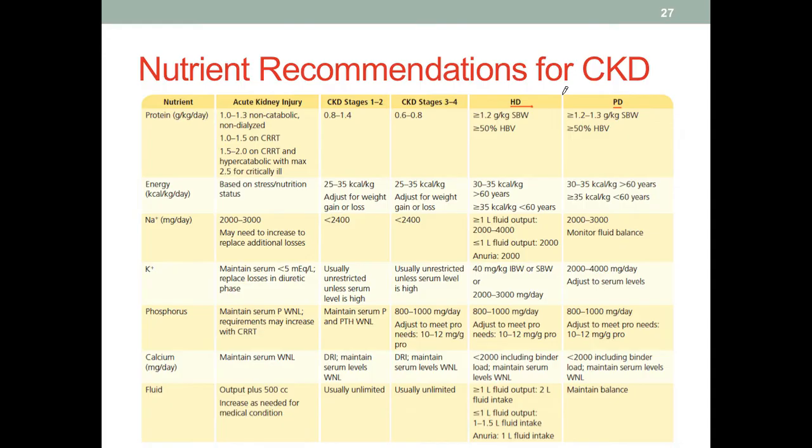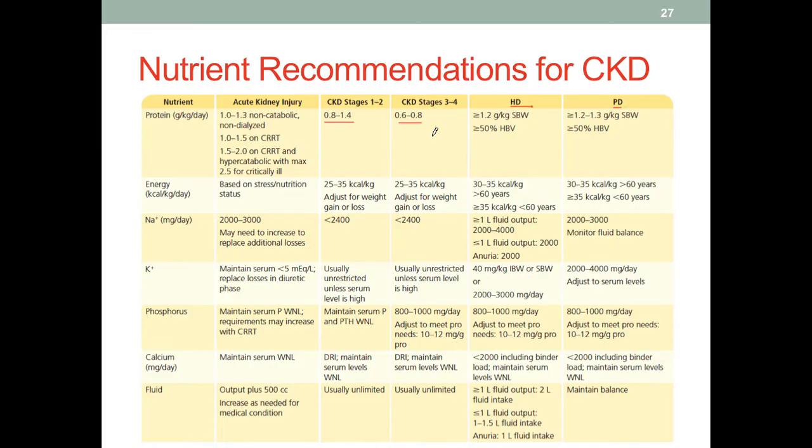So if we look at the protein requirements, if we're looking at CKD stages, we can see that if it's early stage, we're basically at the adult RDA or higher, which is okay, but once we reach stages 3 or 4, we need to be restricting protein intake. So it's either at the DRI level or slightly below.